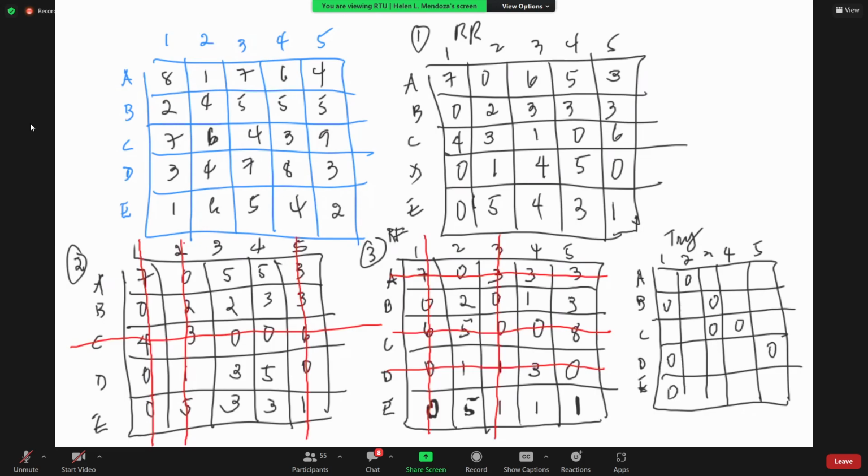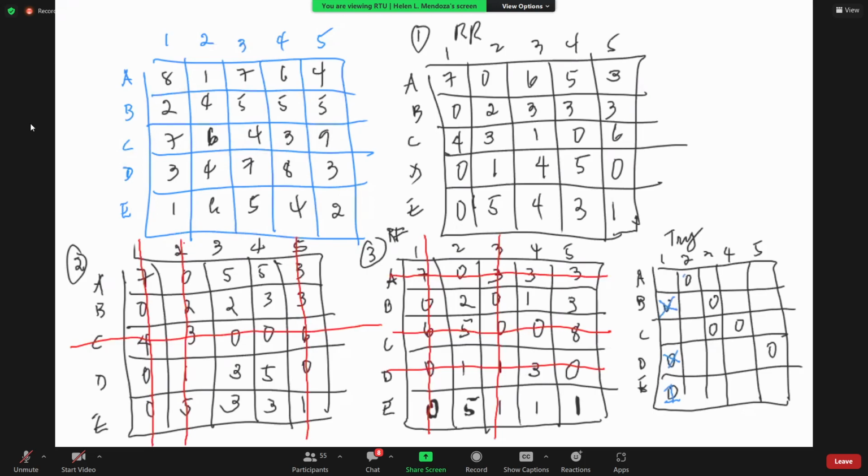At may isang 0. So, balikan yung sinabi kanina. Yung nag-iisang 0 sa row, mag-i-start ka doon mag-assign kasi wala siyang ibang pupuntahan, no? So, gamit tayo nito. So, ibig sabihin, si E, bibigay mo siya. Bibigay mo si 1 kay E kasi iisa lang ang 0 sa row E. So, kung binigay mo na siya dyan, magka-cancel na ito, magka-cancel na yon. So, si A, wala na rin siyang ibang pupuntahan.